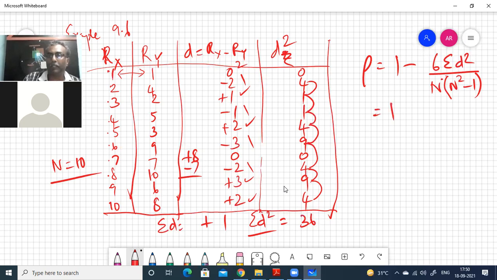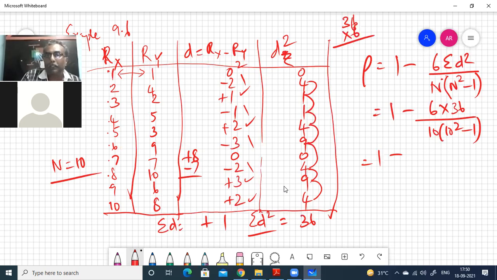Rho is equal to 1 minus 6 into 36 divided by n, which is 10, into 10 squared minus 1. How much is 36 into 6? It is 216. So 216 by 10 into 99, which is 990.